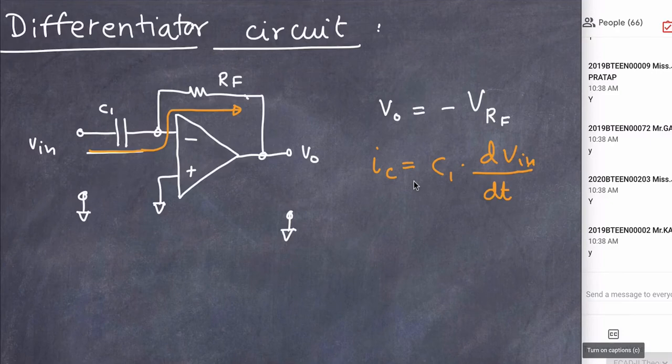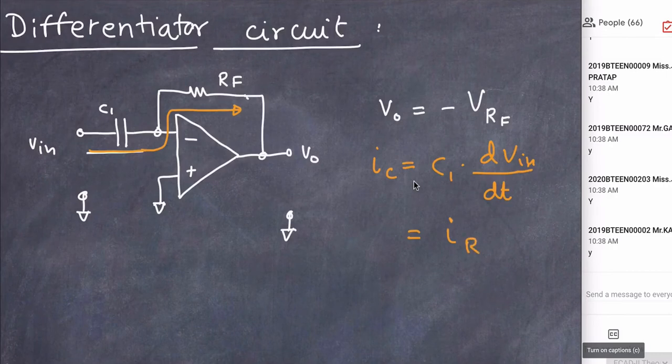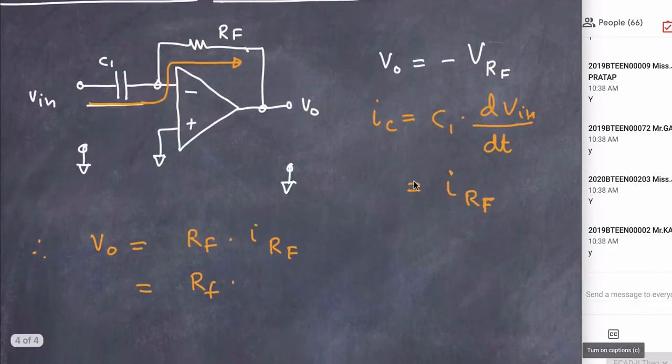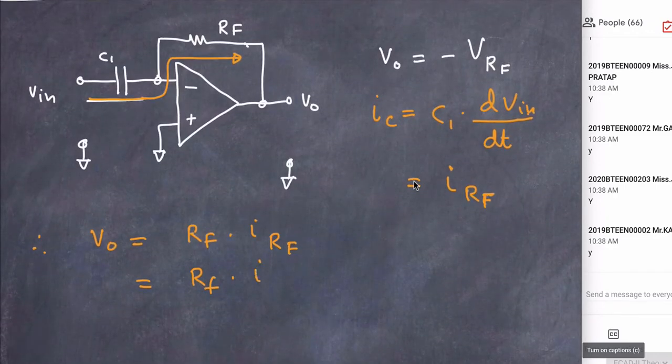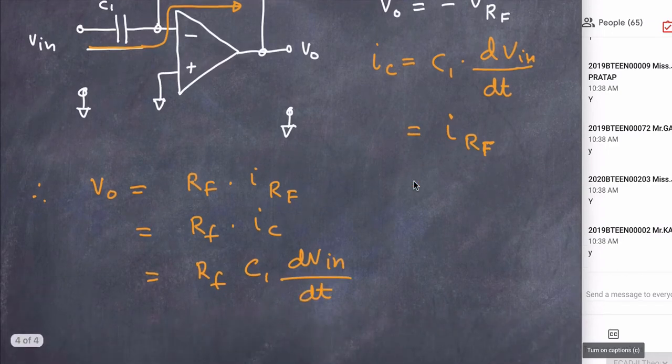Okay. So the same current is passing through IRF. Therefore, you find VO is equal to RF into IRF, so RF into IC, RF into C1 dV in by dt, and there is a negative sign also.